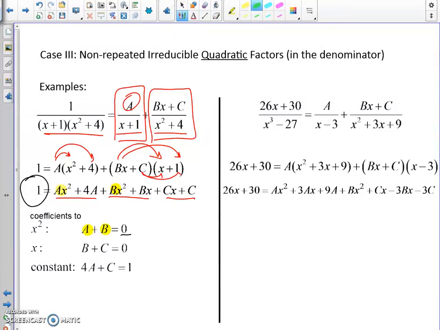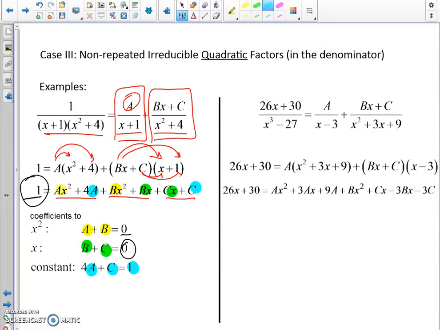Then I look for my linear terms, b plus c, bx plus cx. Again, on the left, there's not a linear term. That's why I have another 0. And then finally, I have two constant terms, 4a plus c. And I do have just a constant on the left, so this gives me 4a plus c is equal to 1.